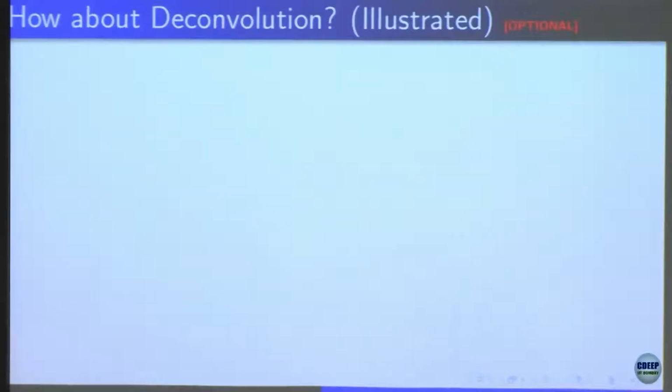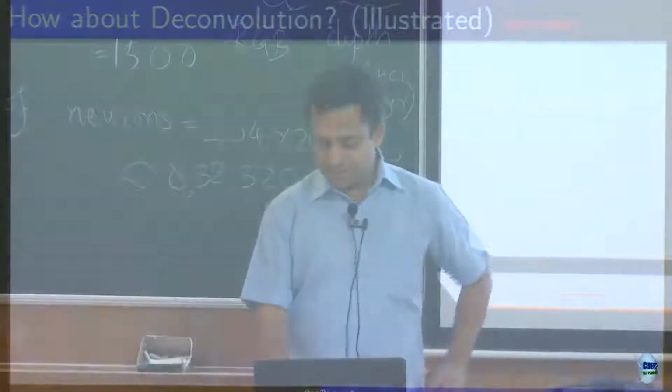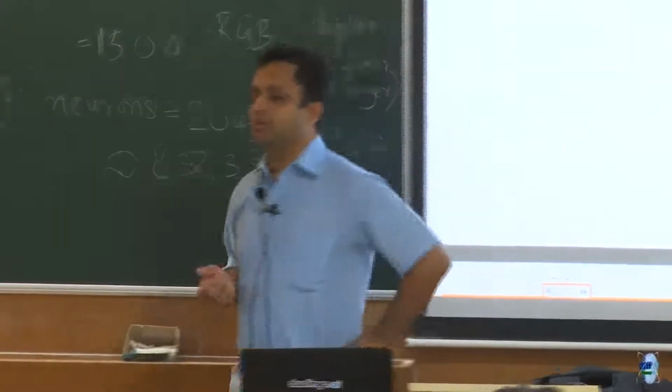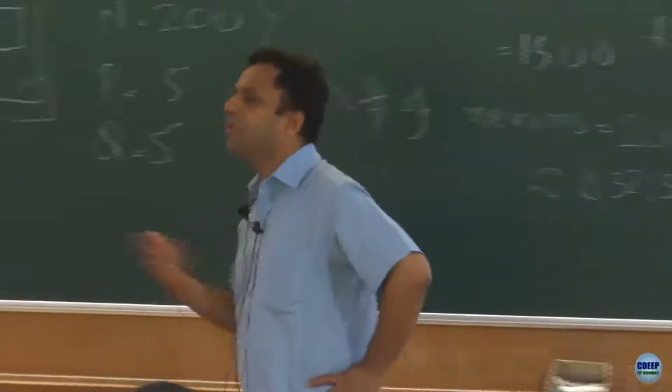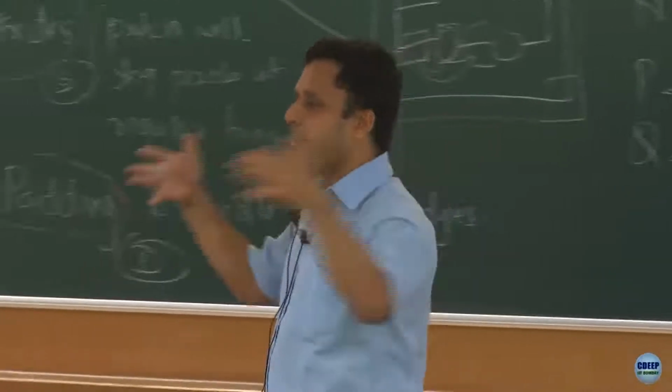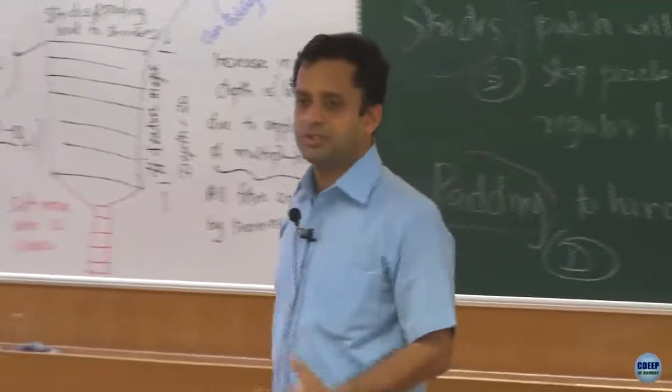Now creative brains can be put to work. People have also thought of deconvolution. Again, this is really optional, but I just wanted to tickle your imagination. So what would you do in deconvolution if you were allowed to? Convolution says I am going to apply a filter, summarize information.